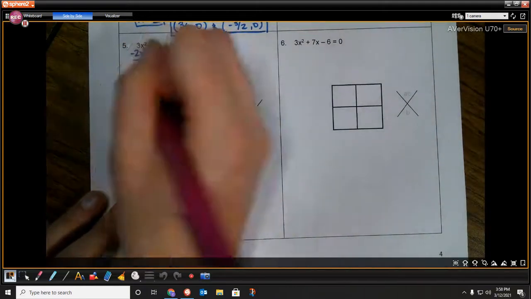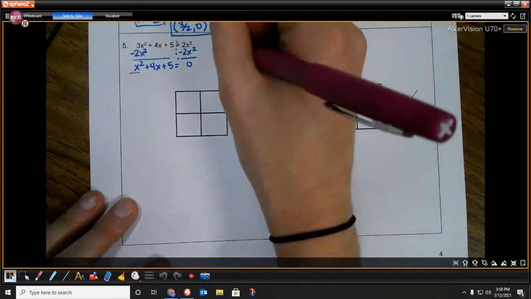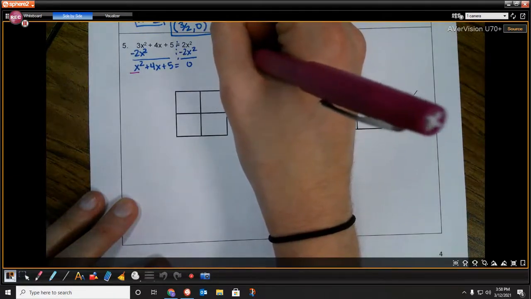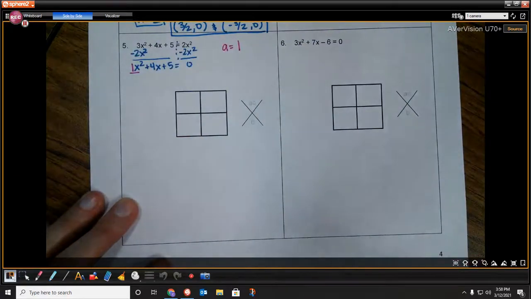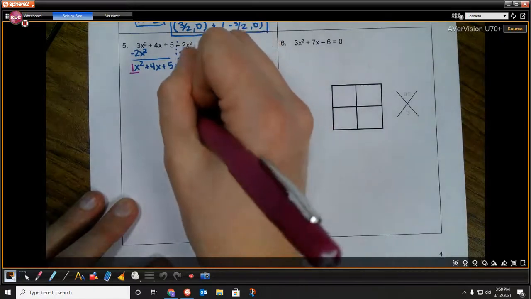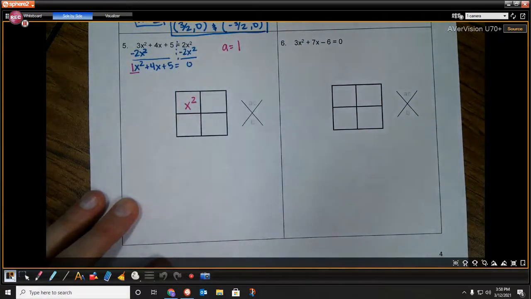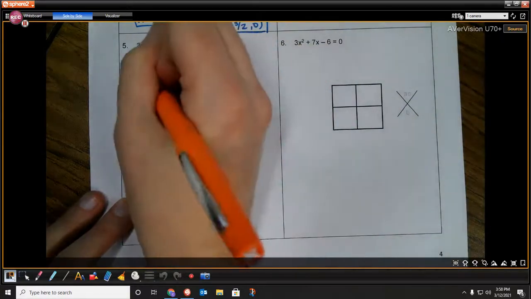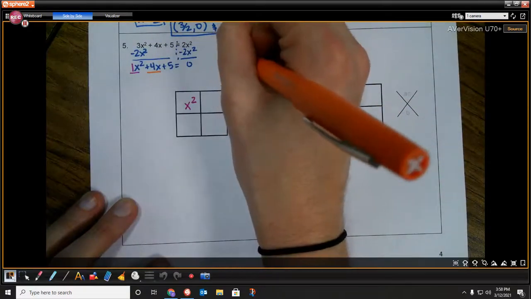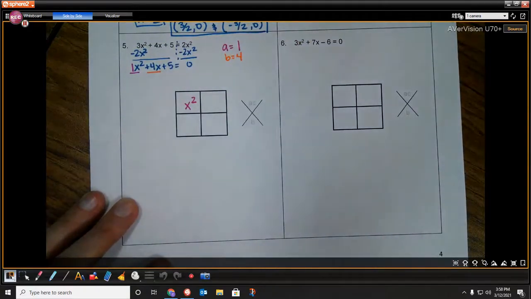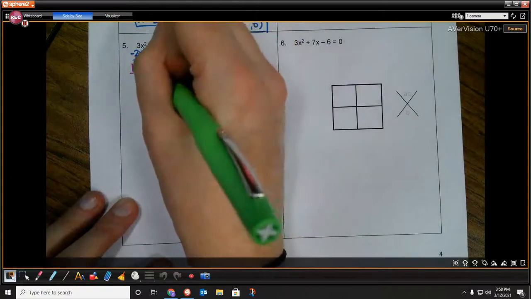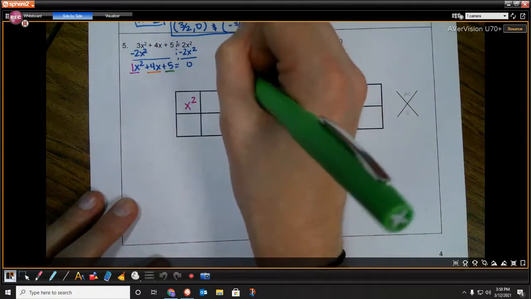What we see here is our a is equal to just 1. It's that understood 1, and we can always go ahead and write that in our first box here. Our b is equal to this 4, and our c is equal to this positive 5.